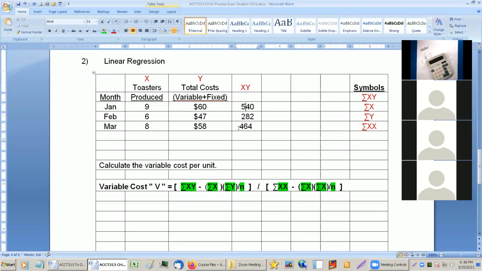Okay, so look at that. Isn't that weird how the spacing, these are all supposed to be centered. All right, anyway. So now we're going to add them up. So this is x times y. Now a little squiggly line there, it's actually a sigma, I think.